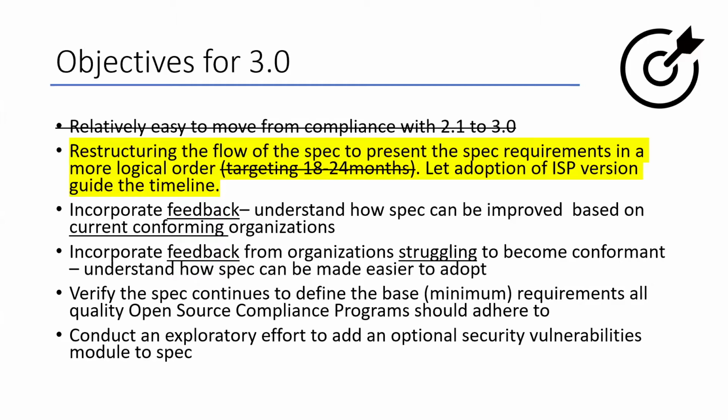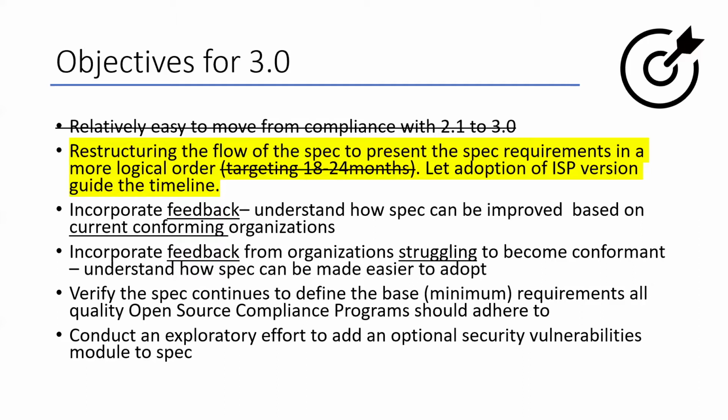And if we find the need is 12 months out or 36 months out, we'll feel it. We'll get the feedback and make a decision according to that. So that is actually somewhat of a change, and I just want to make sure people are aware of that.